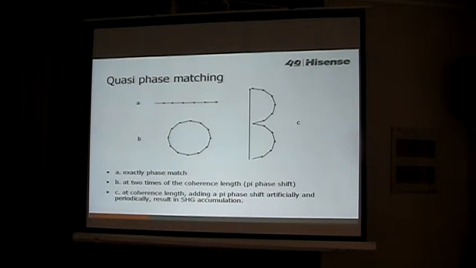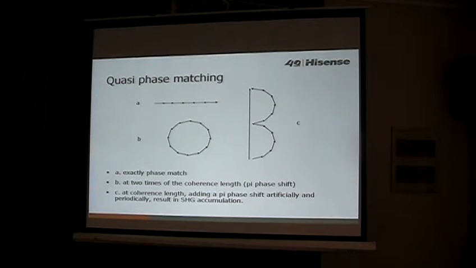So even though people have been working on birefringent materials for many years, because of their limitations, people always try to come up with new ideas. One of these ideas is quasi-phase matching.